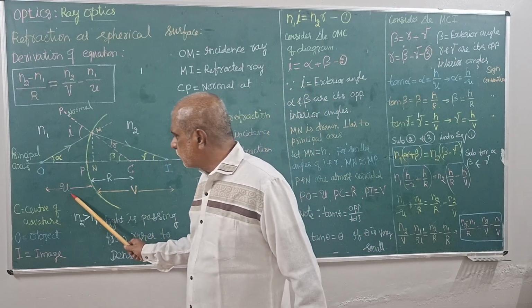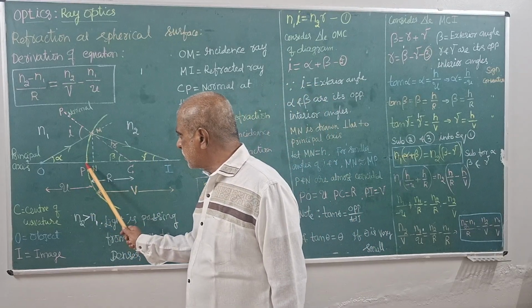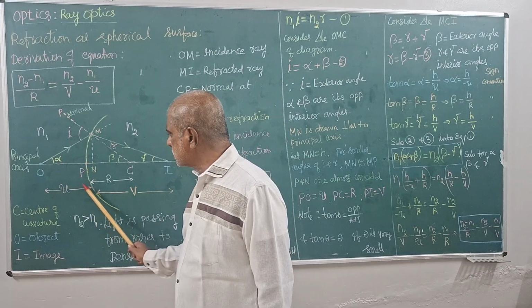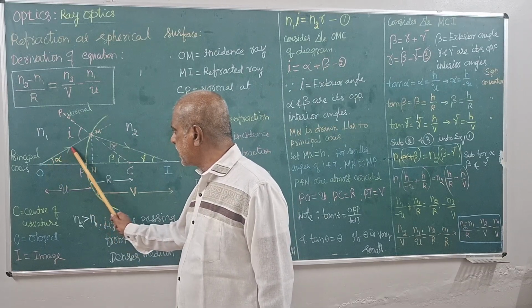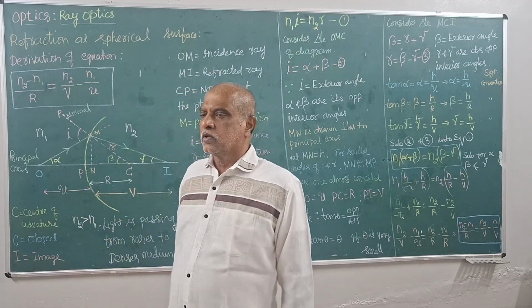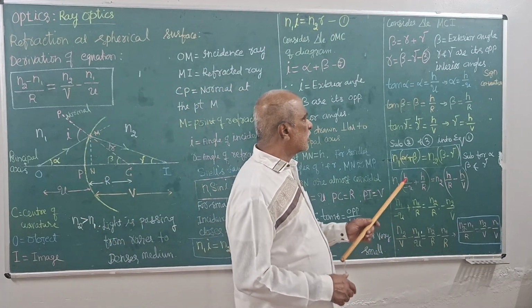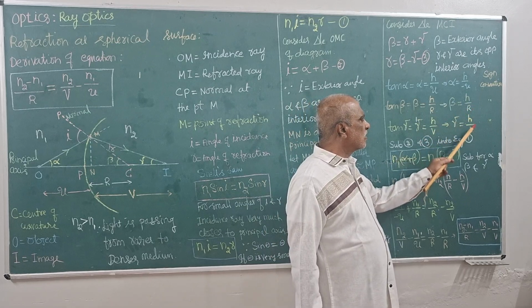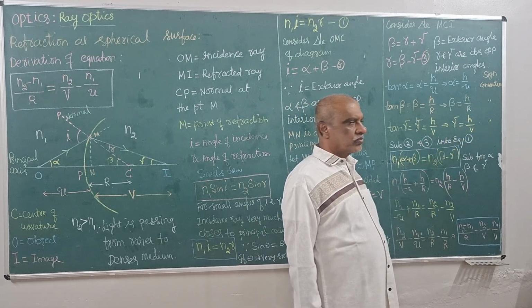What about U? It is measured from P to O, in the direction opposite to the incident ray. Therefore, it takes a negative value. That is why we write U as minus, R as plus and V as plus.